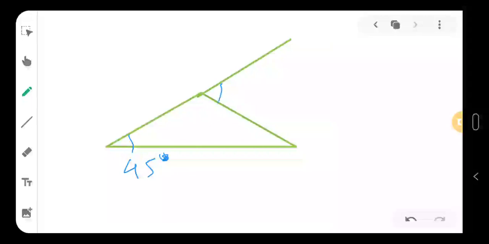So we know that if this is an isosceles triangle, that means two sides will be the same. So in case of an isosceles triangle, two sides are the same, so the two angles of this common side will be the same as well. So this is 45, that means this one has to be 45 also.